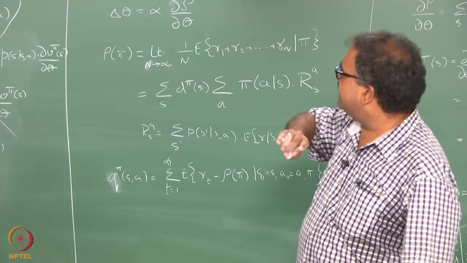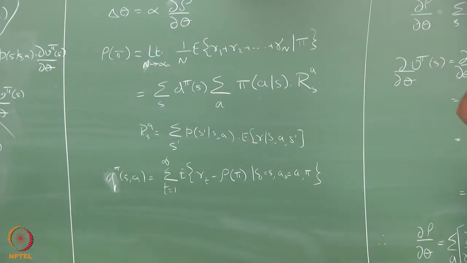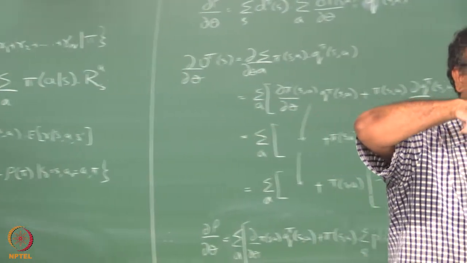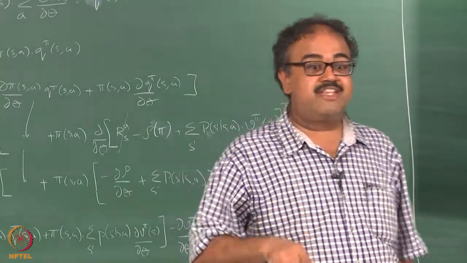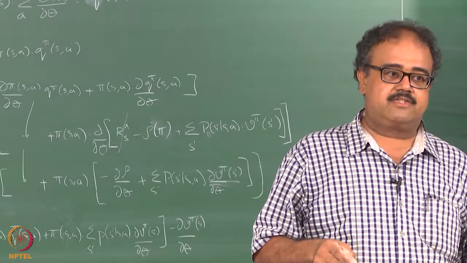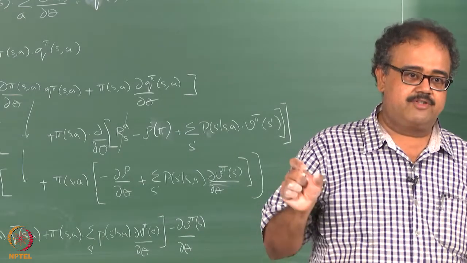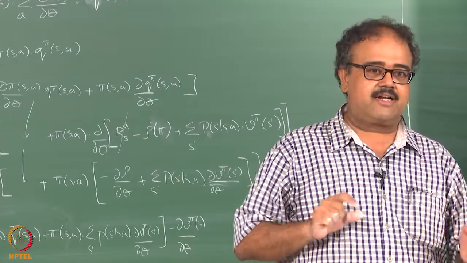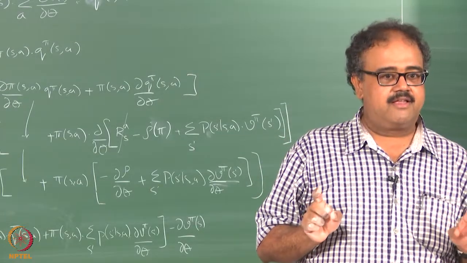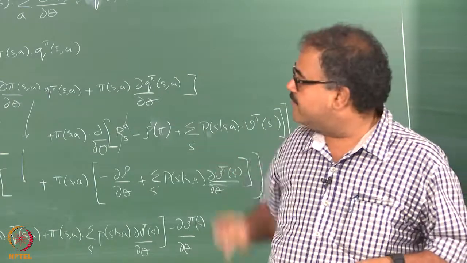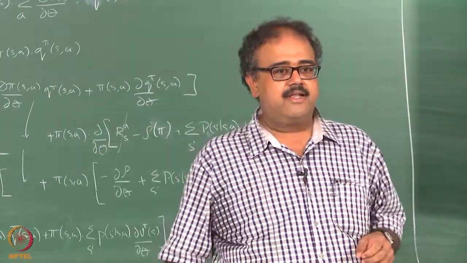So, what is the difference between what we are doing now and the motivation I gave you earlier? In the motivation I gave you earlier, you ended up using the V function. V was your baseline. When we said actor critic, the actor was the policy, but the critic was V of s. Here the critic you are using is Q of s, a.